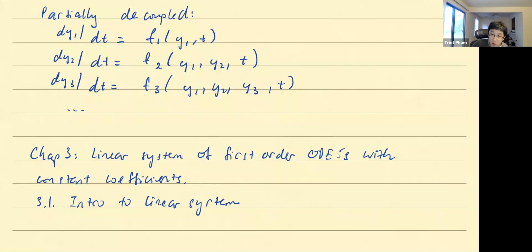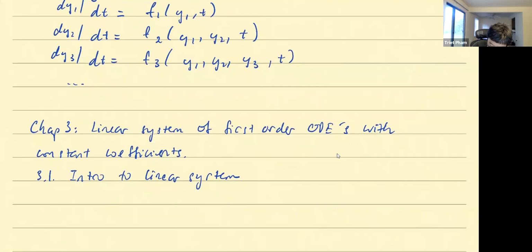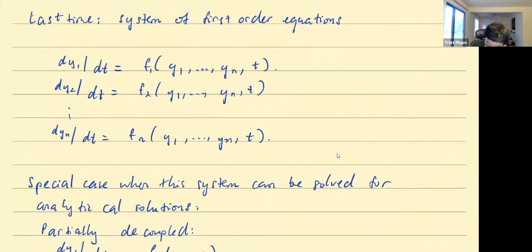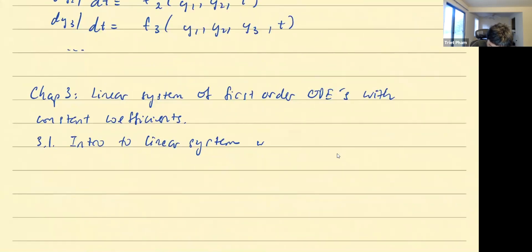So first of all, what's a linear system? Roughly speaking, a linear system is like what you saw on the quiz, with constant coefficients. Also let me say this.